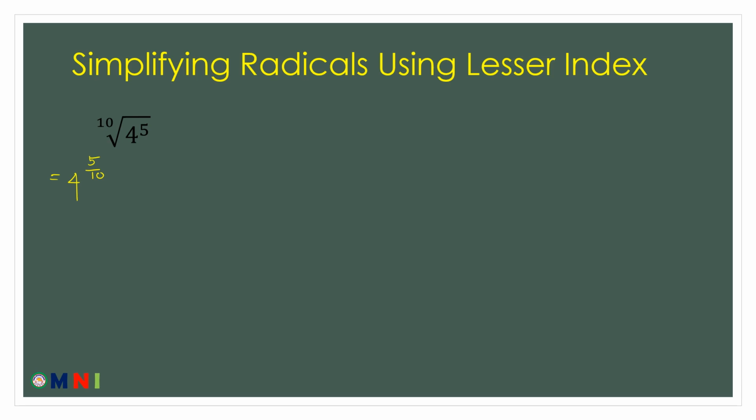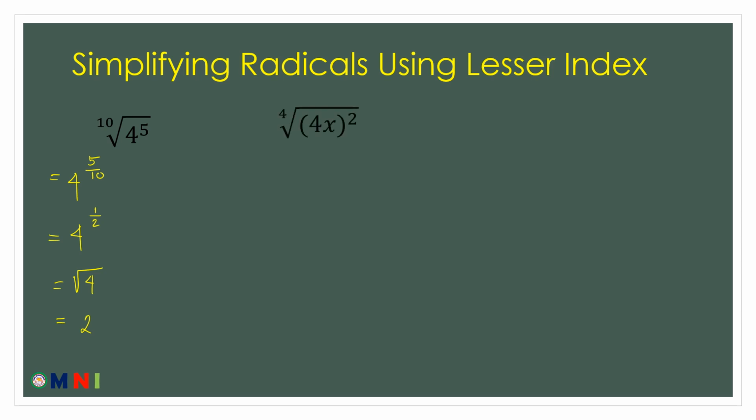And of course, we reduce the fraction, the rational exponent, into lowest term. We have 4 to the power of 1/2, which is in radical form square root of 4. And therefore, our final answer here is 2. So if we really are going to evaluate, the answer for this is equals to 2, and its radical in lesser index is square root of 4.